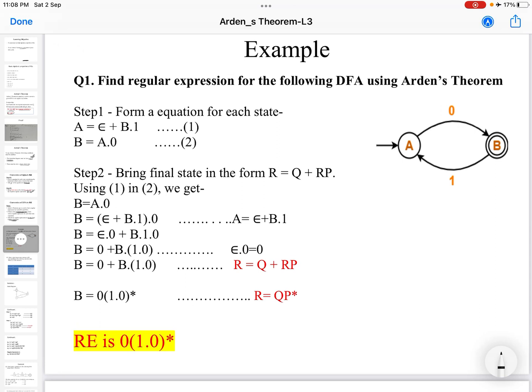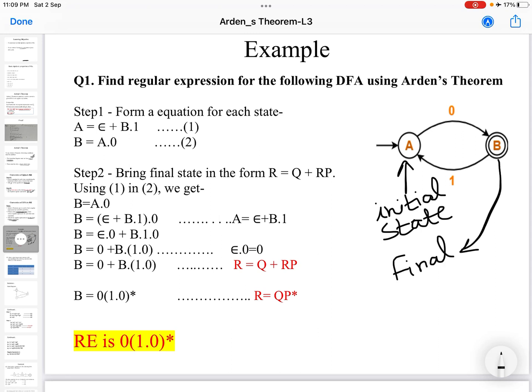So let's see an example. Find the regular expression for the following DFA using Arden's theorem. Here A is the initial state and B is the final state.